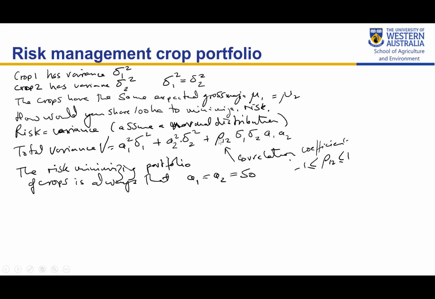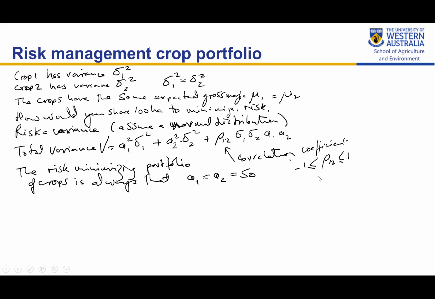This rule would not hold only if the correlation coefficient is equal to 0. If that was the case, then it wouldn't matter what area of the two crops you grew. What you tend to find with most crops, so something like wheat and barley, is actually the correlation coefficient is pretty well always positive.